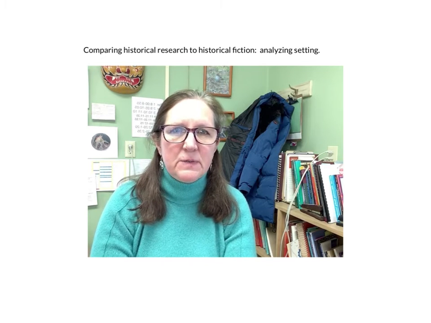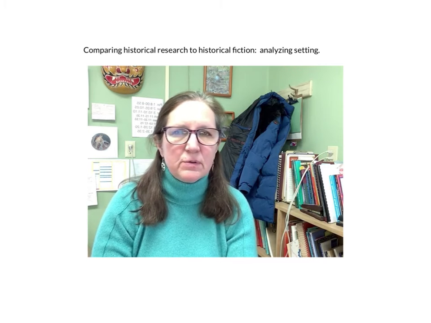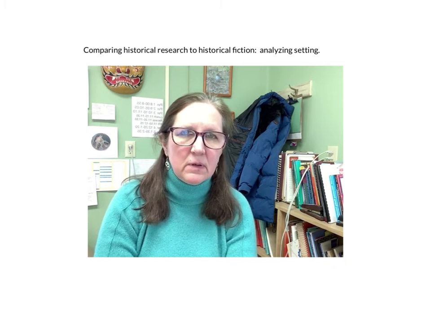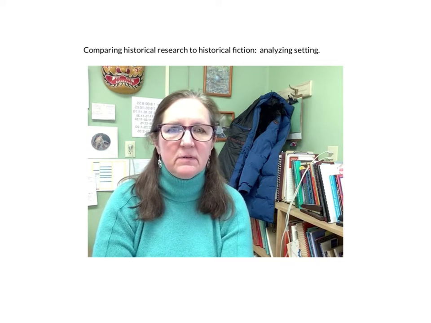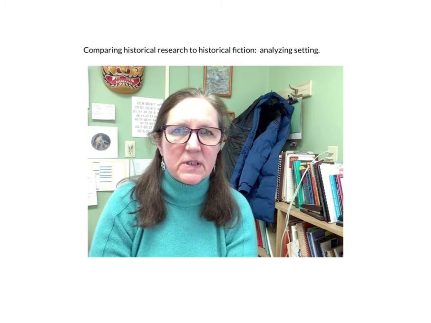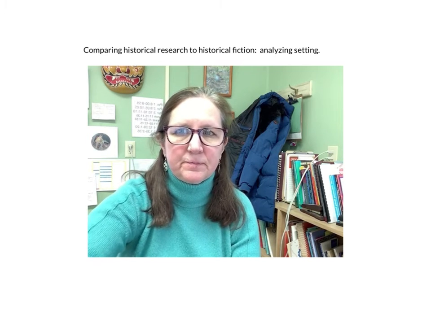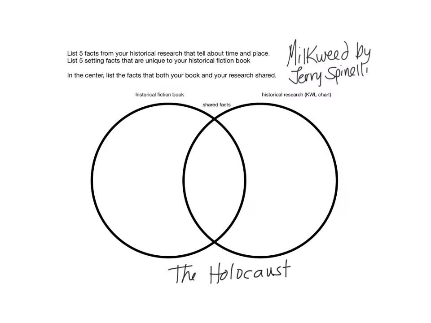So the next page we're going to look at is a Venn diagram where you will be asked to compare what you learned about the actual historical event to how your author portrays it in fiction. So this is what you're going to be working on. You'll see a Venn diagram, and you're going to be looking at 5 facts from your historical research that tell about the time and place of your time period.